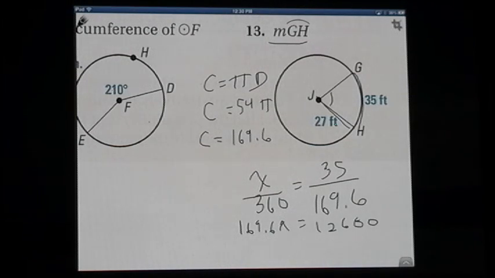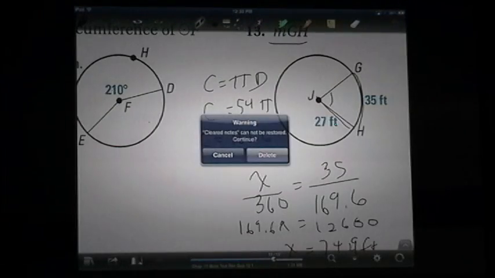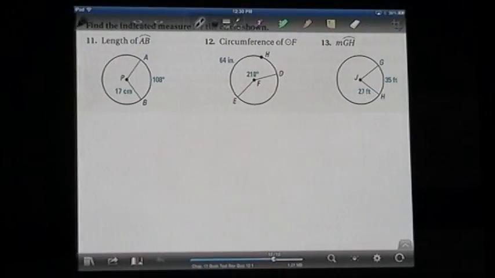Divide both sides by 169.6, and we get 74.29. Now I'm willing to bet that they did it a different way entirely in the book. Those are two very easy ways that I see of doing it. You can look in the book and see the different ways that they teach it.